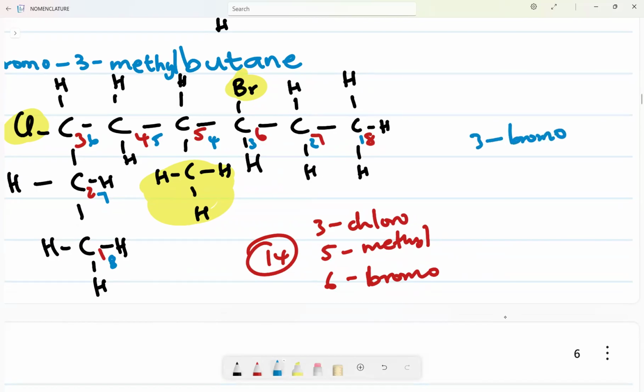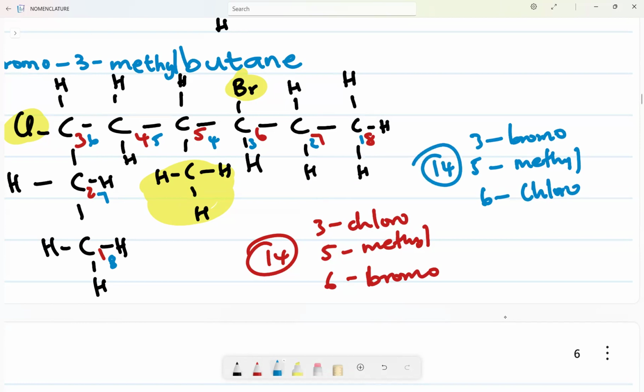Then on carbon number 5, I have a methyl. Carbon number 6, I have a chloro. Then when I add here also, I get 14.